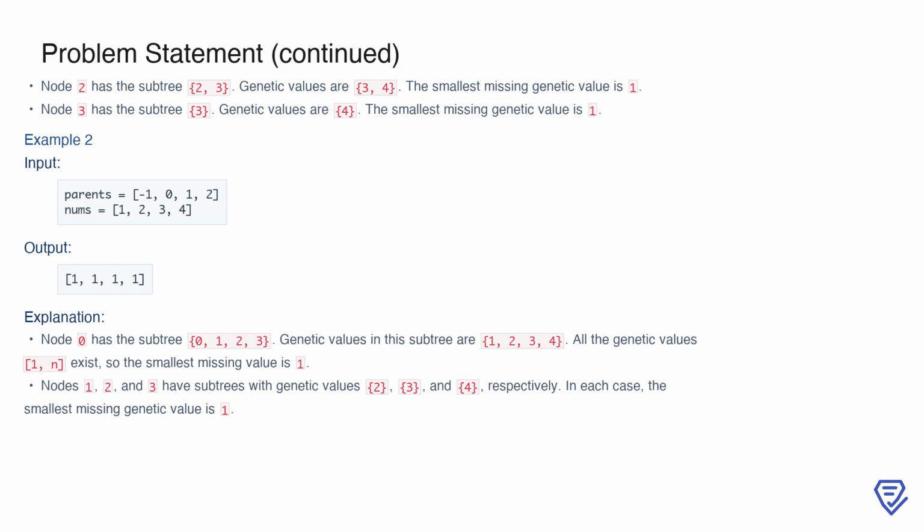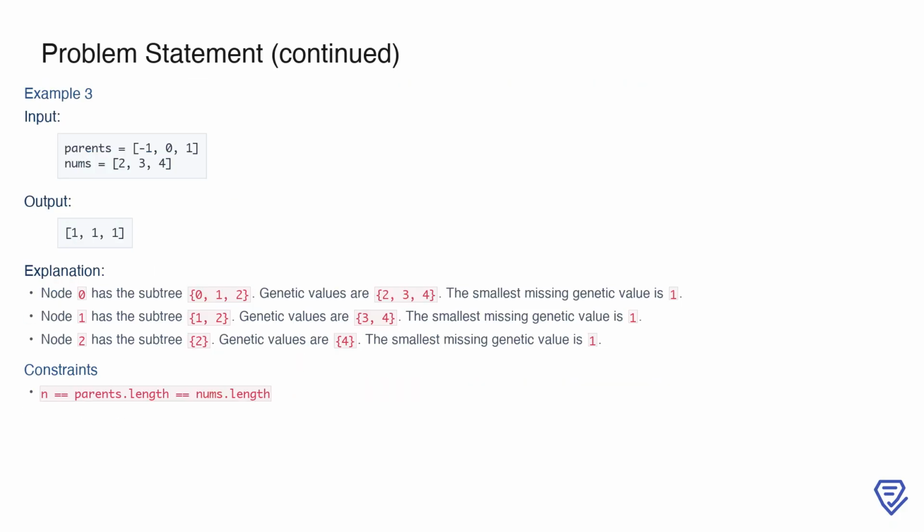Now let's consider a slightly different example. If we have parents equals -1, 0, 1, and nums equals 2, 3, 4, the output becomes 1, 1, 1. Here's why. Node 0 has the subtree 0, 1, 2, and the genetic values in this subtree are 2, 3, 4. The smallest missing value is 1 because 1 is not present in the subtree.